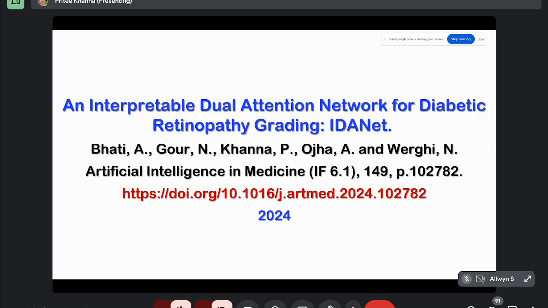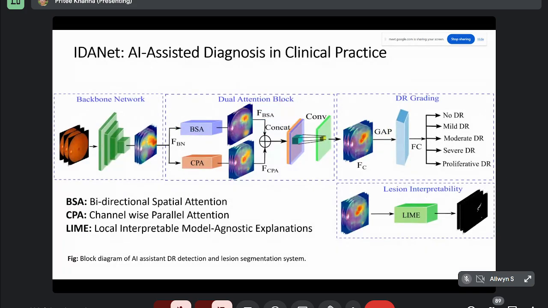So we want a model that can identify the correlation among lesion region specific pixels in the entire pixel space and detect small size lesion parts effectively, which is required for efficient DR grading, right? So if you look, this is the architecture of IdeaNet.